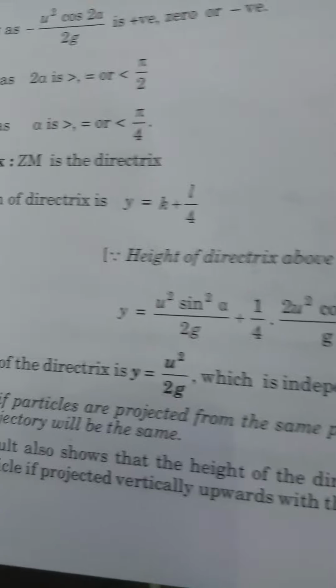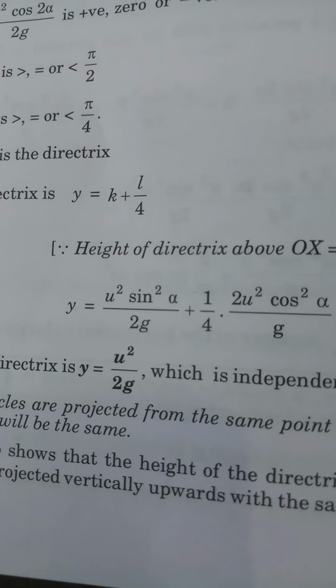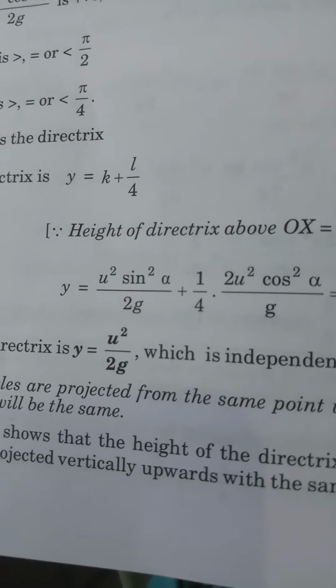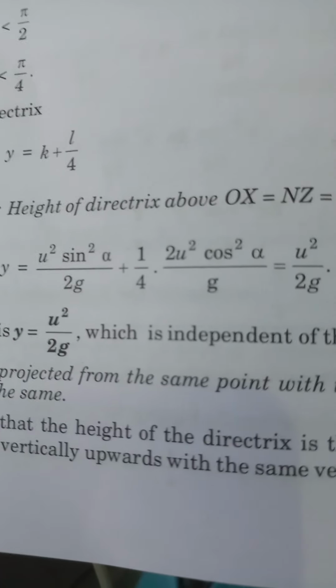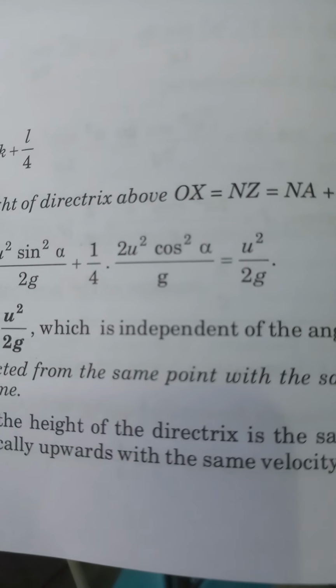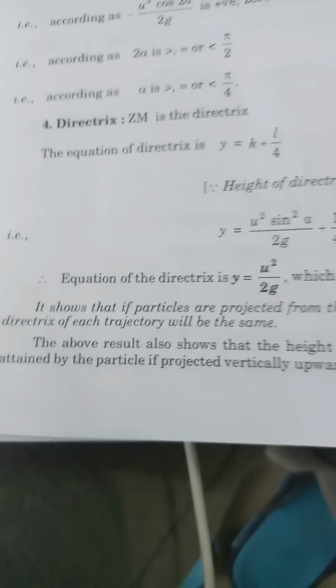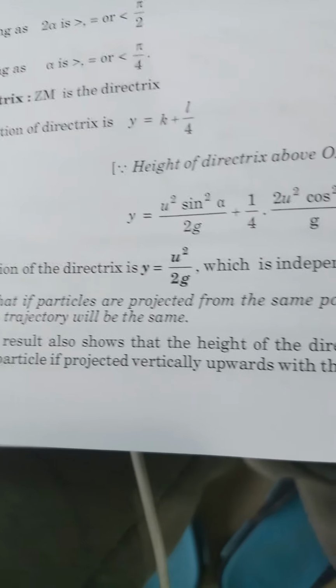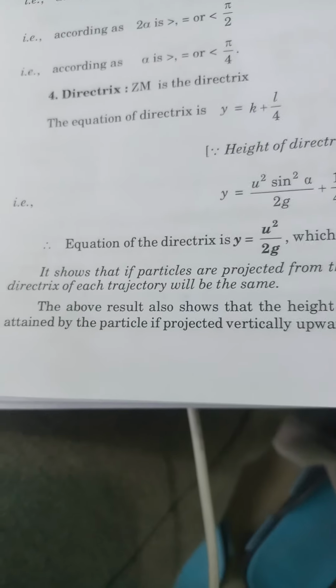So therefore y equals, putting the value of k and l, u square sin square alpha by 2g plus 1 by 4 of 2u square cos square alpha by g, which equals u square by 2g. Therefore the equation of the directrix is y equal to u square by 2g, which is independent of the angle of projection.